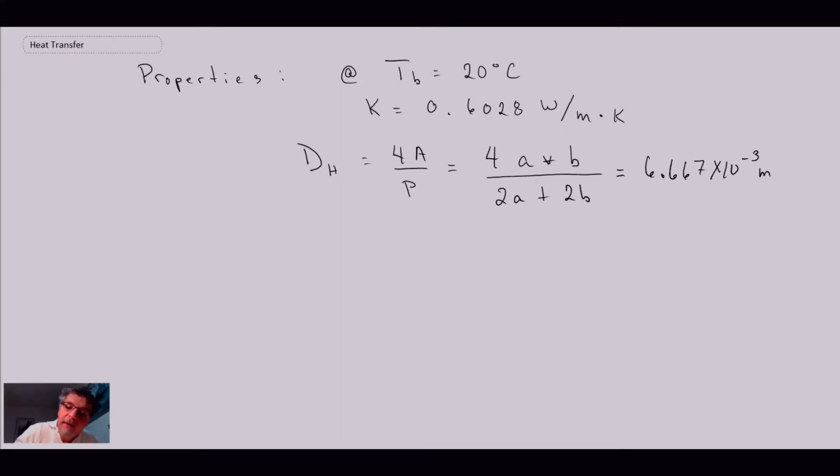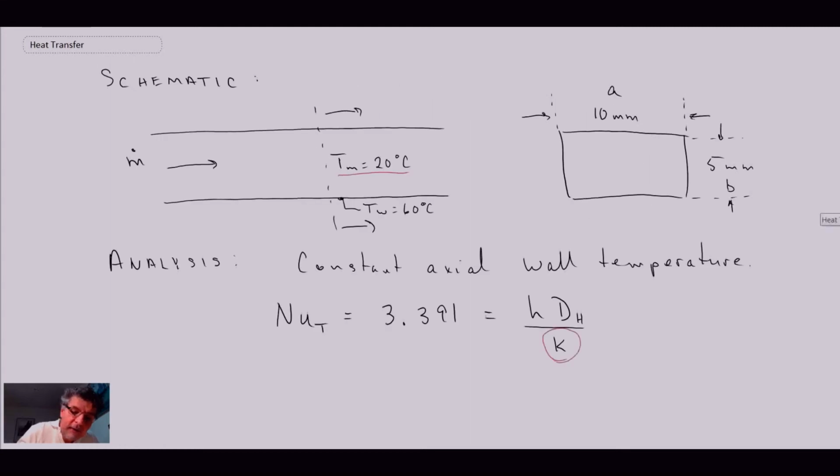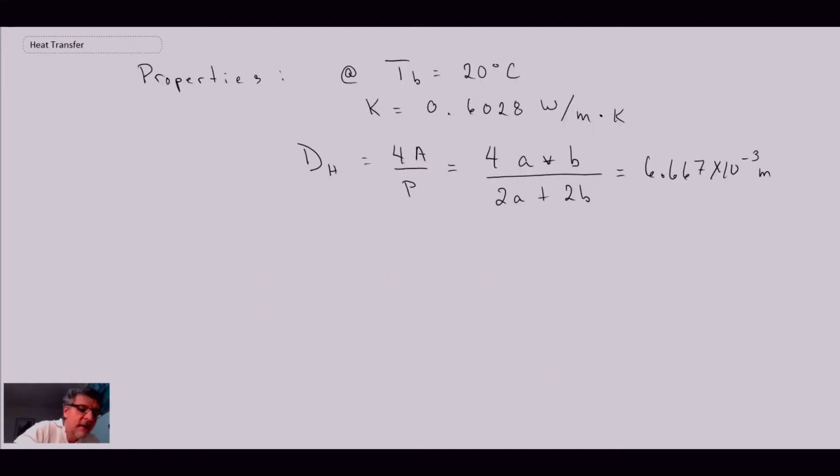So we can take our Nusselt number, which we have right here. We've solved for k, we looked that up in the tables. D_h we just computed. So the last thing left is h, the convective heat transfer coefficient, and that's what we want to solve for.